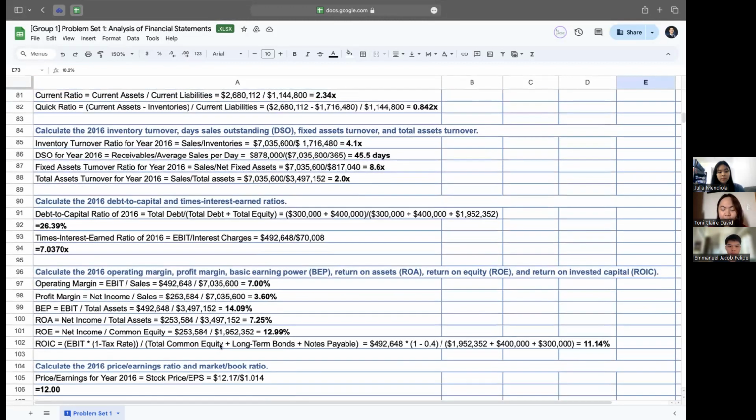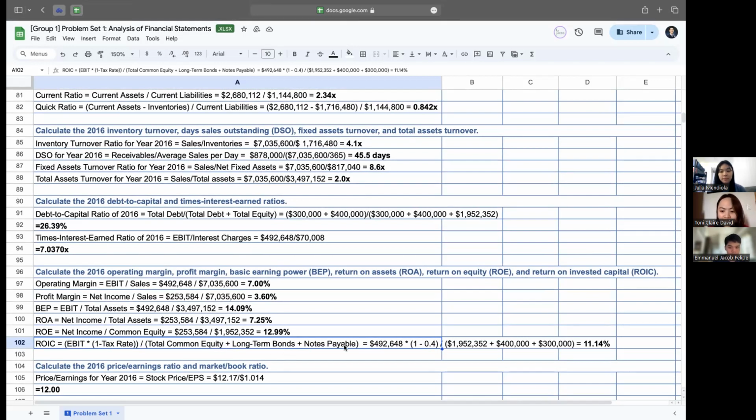And lastly, for the profitability ratios, the return on invested capital evaluates the efficiency of the returns for equity and debt capital. So this is the ratio of the NOPAT, or net operating profit after taxes, which is calculated by taking the EBIT and applying the tax rates to it, all over the sum of the equity and long-term debts, which is the common equity, long-term bonds, and notes payable.